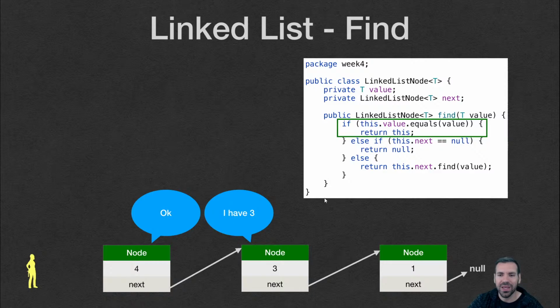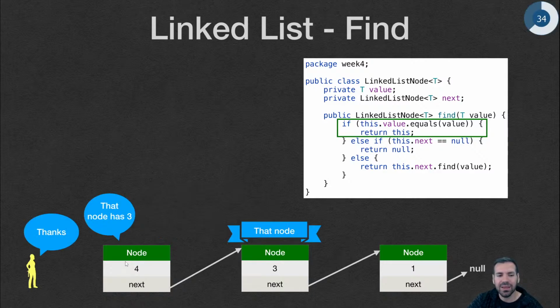It would just return this. So it returns a reference to itself. This stack frame is going to get that reference. It made the recursive call here. This resolved to a reference to that node here. And it's going to return that reference and say, hey, here's a reference to the first node that contains the value 3.